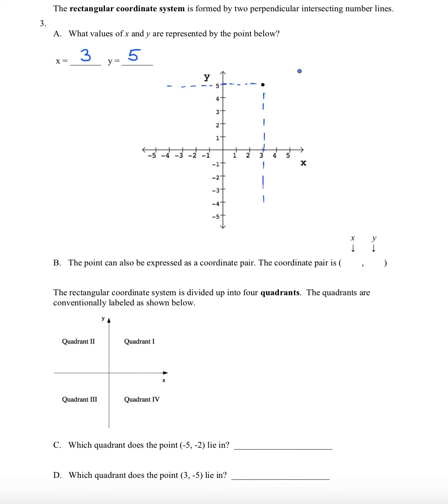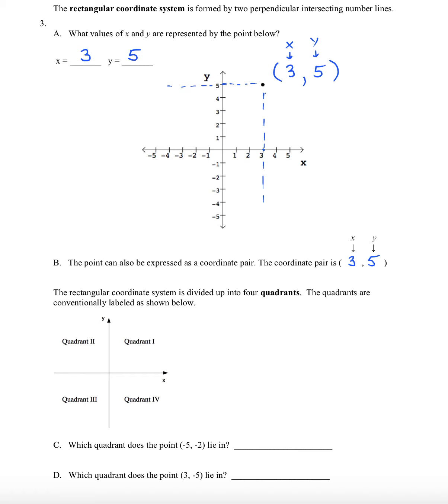And now what we'd like to do is put them into a coordinate pair, where the x comes first, and then the y. So this point is (3, 5). And that's the coordinate pair form for the point. Now the rectangular coordinate system is divided into 4 quadrants.